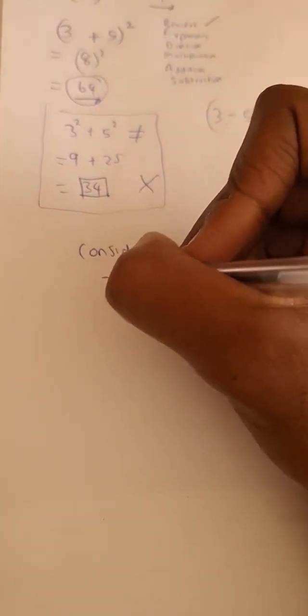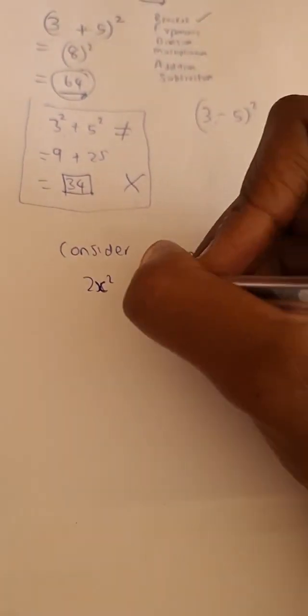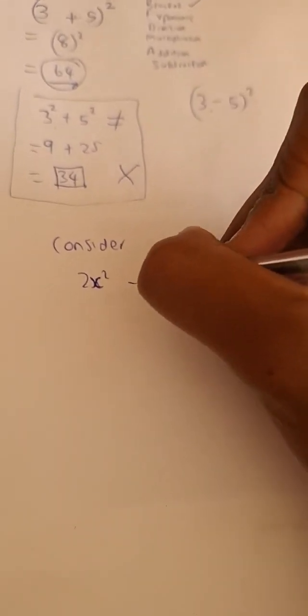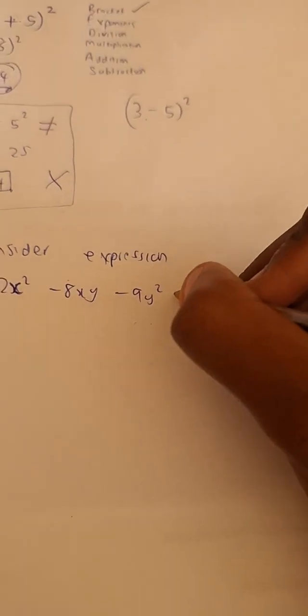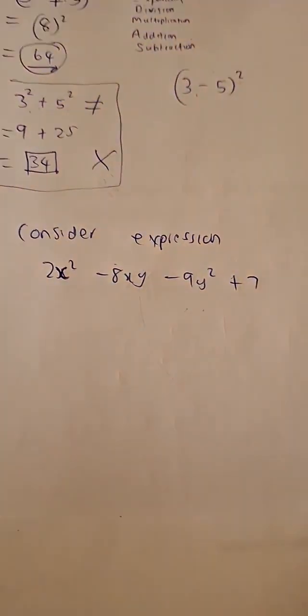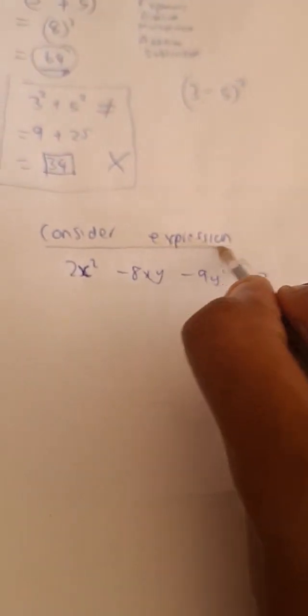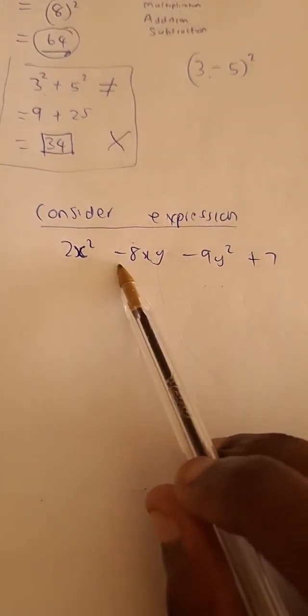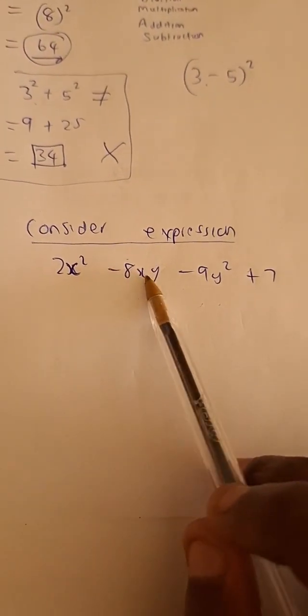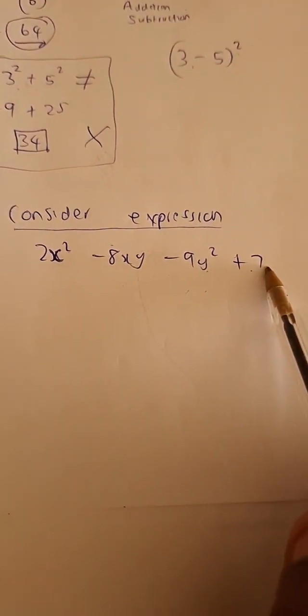The expression 2x squared minus 8xy minus 9y squared plus 7. I did say I'm not going to keep you for long. An hour should be enough. I also need to scoot now and go and do something else. So 2x squared minus 8xy minus 9y squared plus 7.